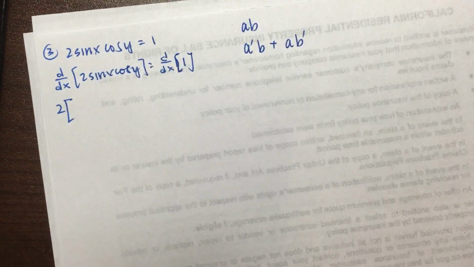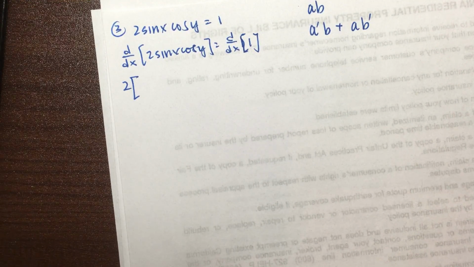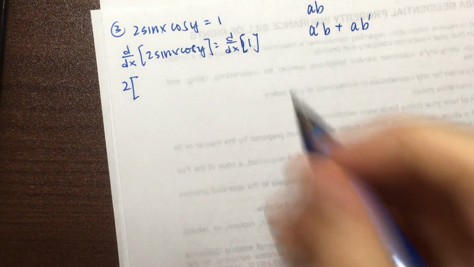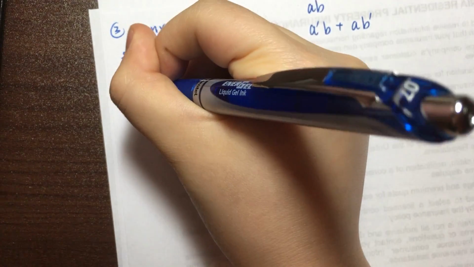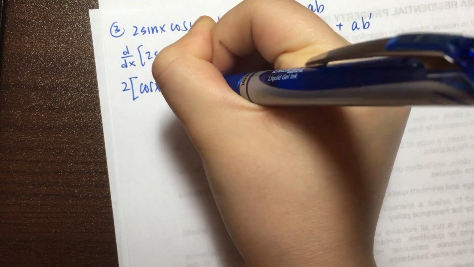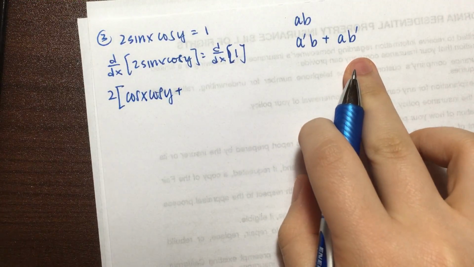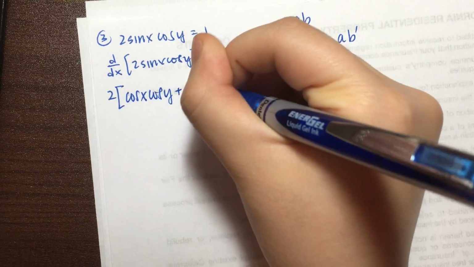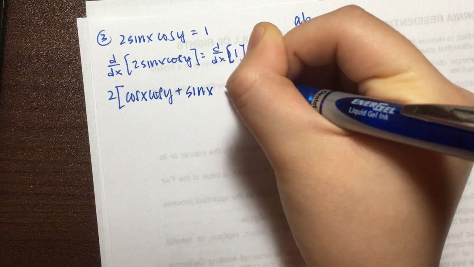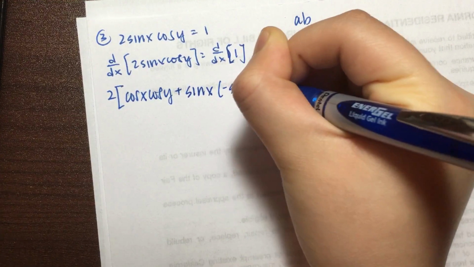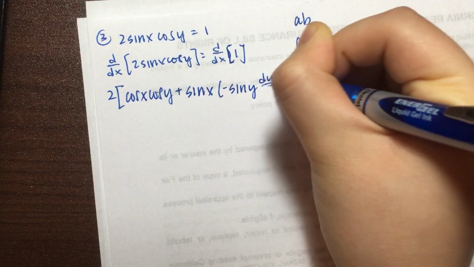Okay. So following this, let's do the derivative of sine x, which is cosine x times cosine y. Okay, and then plus A times B prime. Sine x, negative sine y, dy/dx.